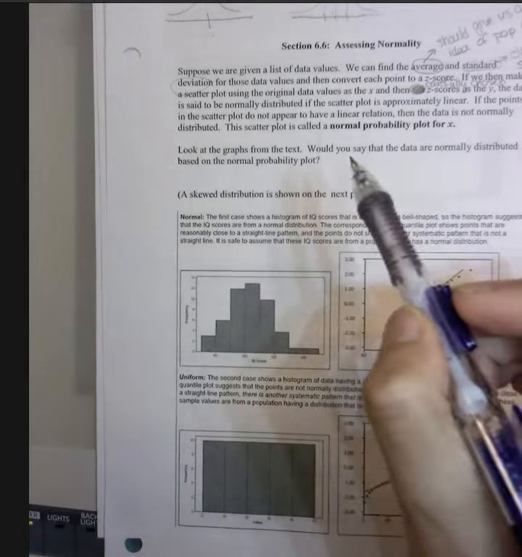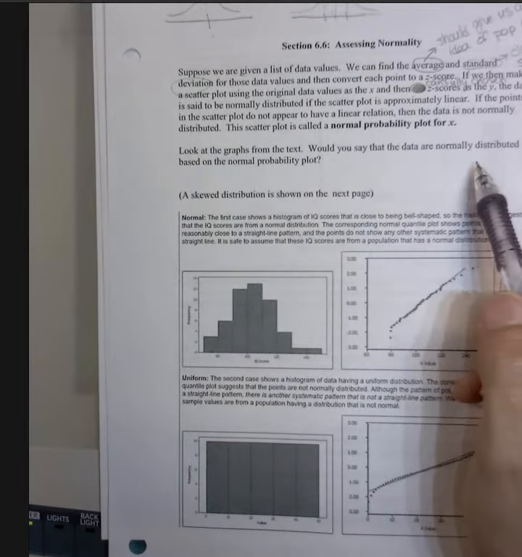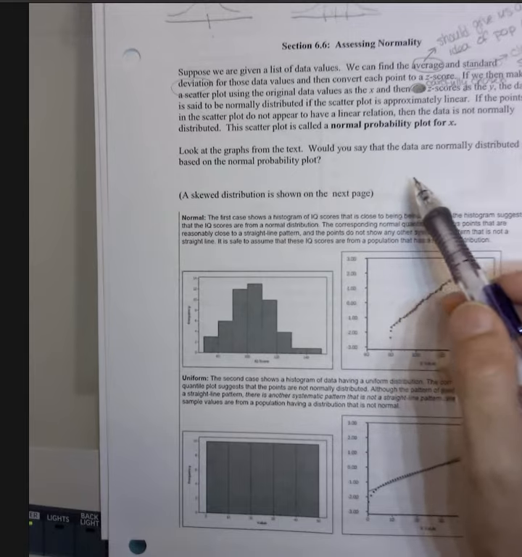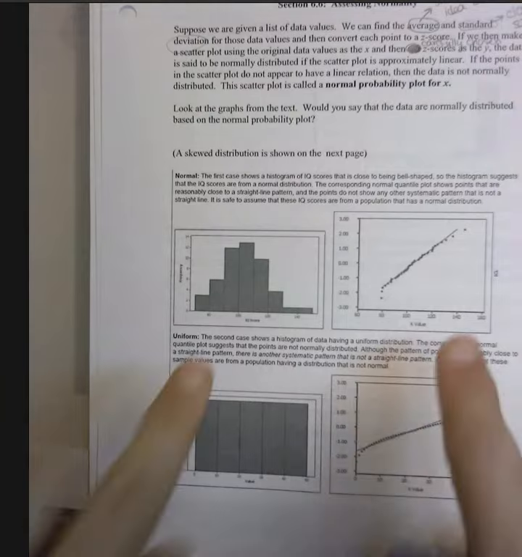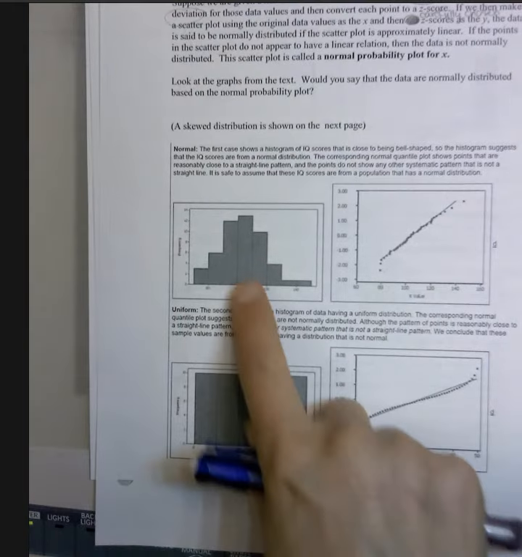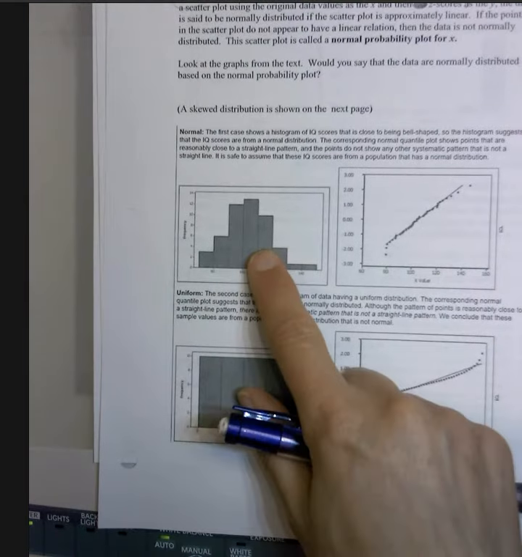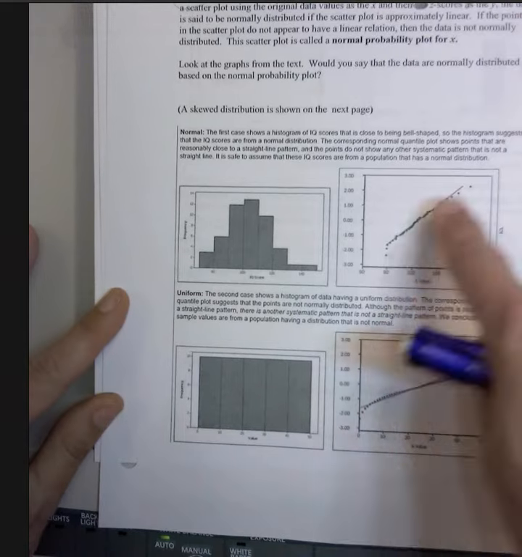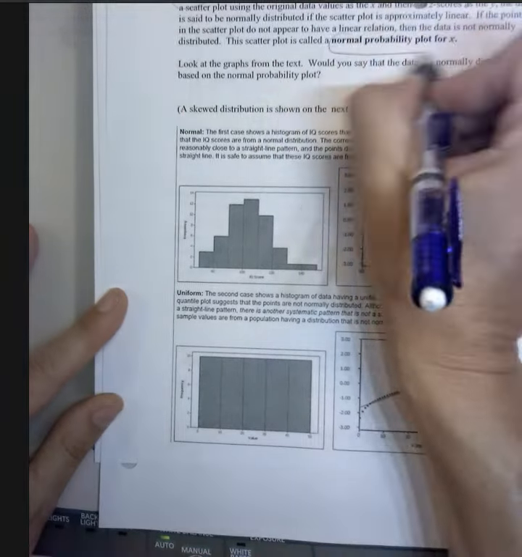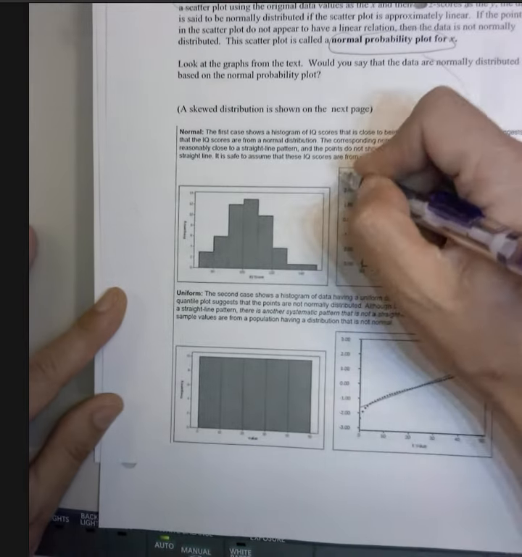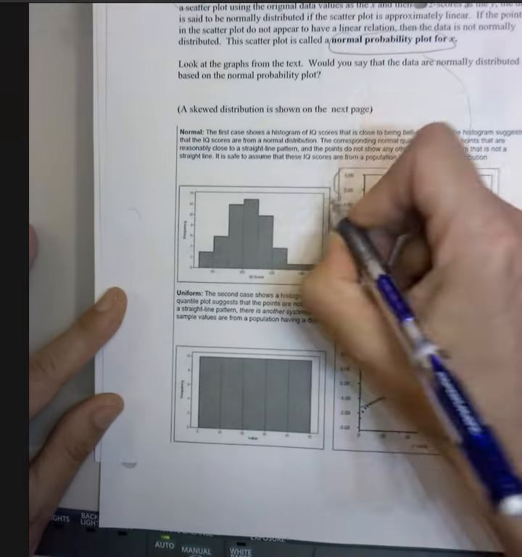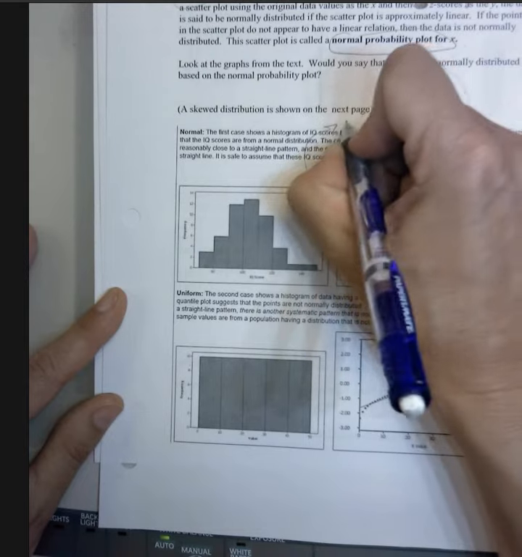So look at the graphs from the text. Would you say that the data are normally distributed based on the normal probability plot? They give us 2 graphs. One is a histogram for the data, and this part is called the normal probability plot, where these are the x's and these are the carefully chosen z-values.